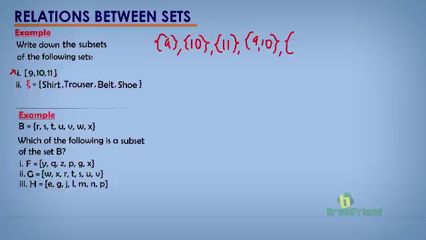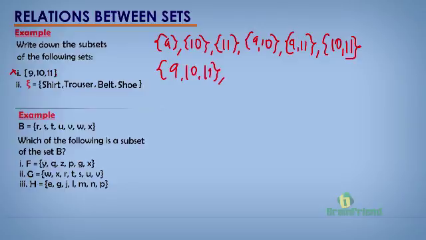We'd also have the sets of 9 and 11. We can have also the set of 10 and 11. If we took them in threes, of course we'd have the set of 9, 10, and 11. That is all of our elements listed. We could also have our empty set. So these are all the possible subsets of our set that has elements 9, 10, and 11.